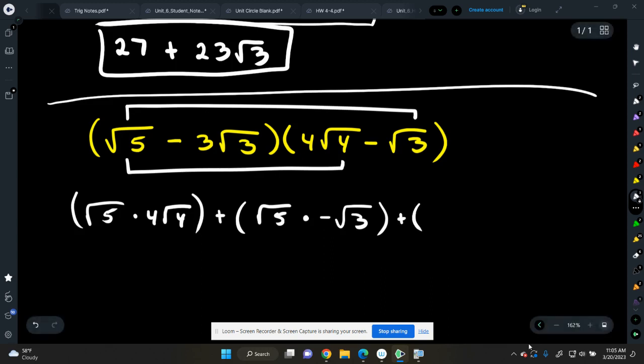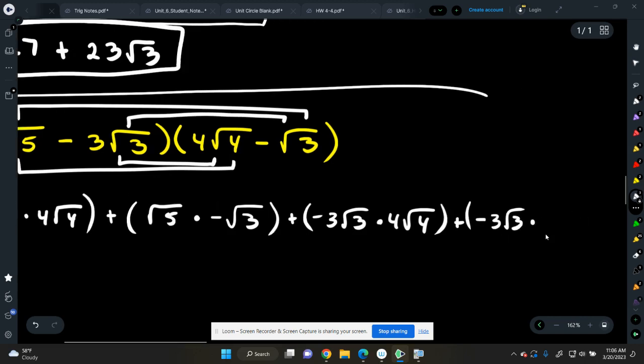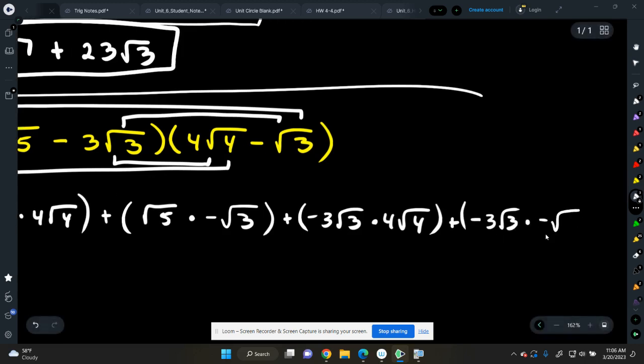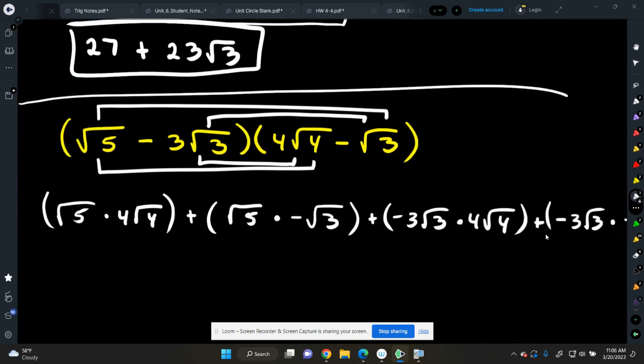Plus negative 3 root 3 times 4 root 4. Plus, the last one, negative 3 root 3 times negative root 3.